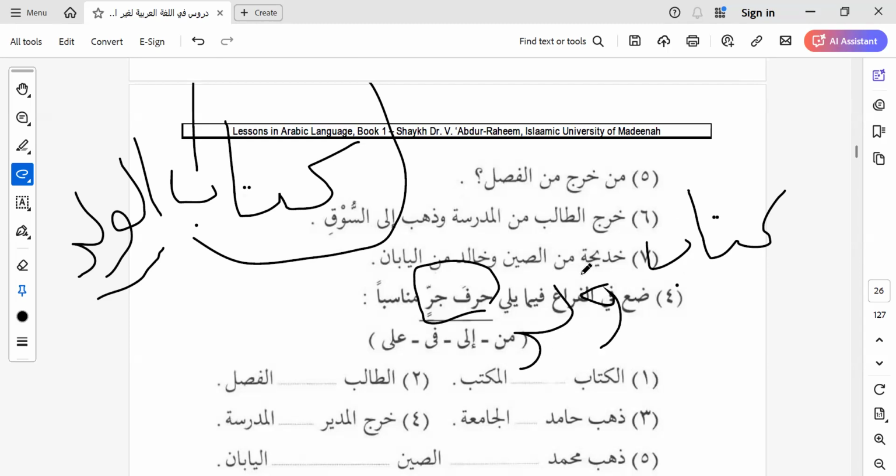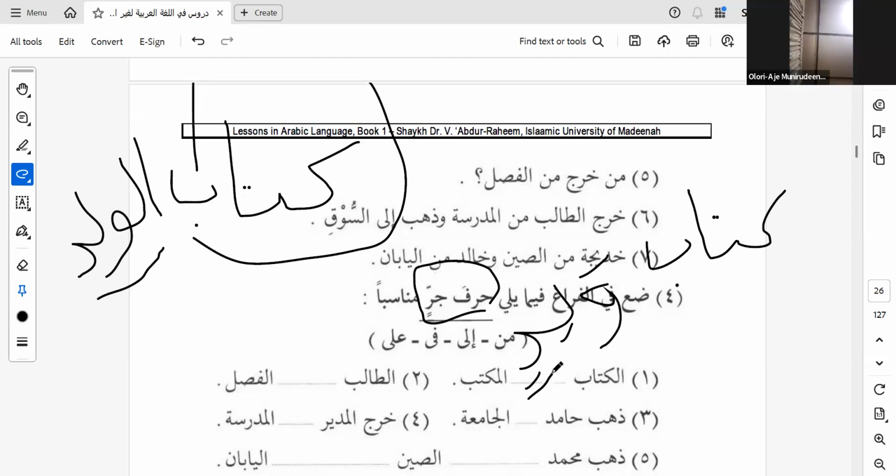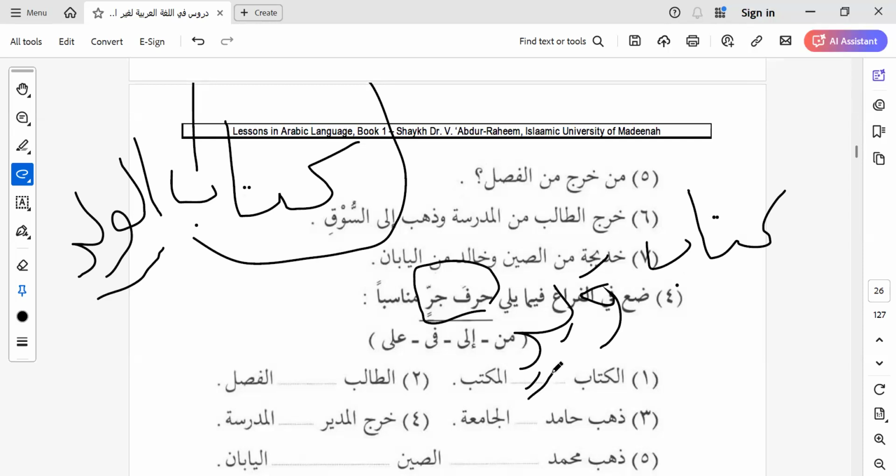What was the answer we gave then? No, it can't be nakra. It's always ma'rifa. Yes, Mr. Rufai, you said it's not a nakra.